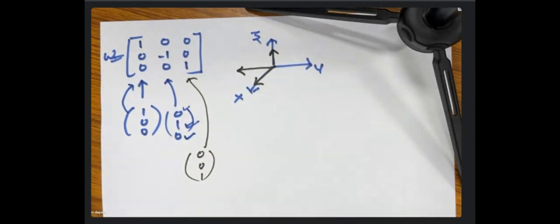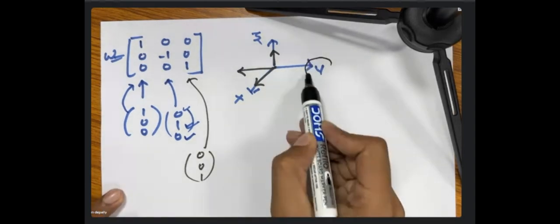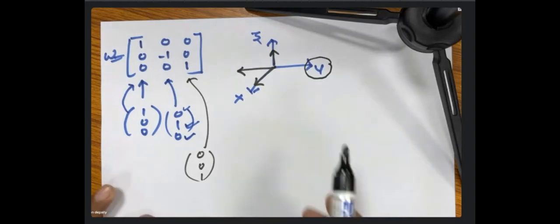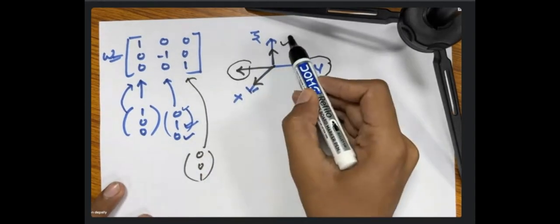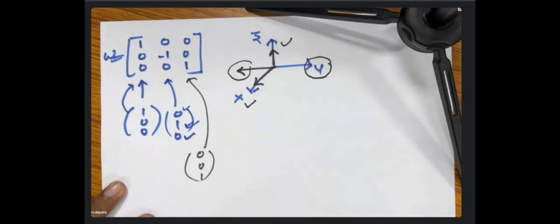So now we need to think how we can change the y from positive to negative, which operation can change y without affecting z and without affecting x. Z and x are forming a plane, the xz plane, and that plane is invariant right now.